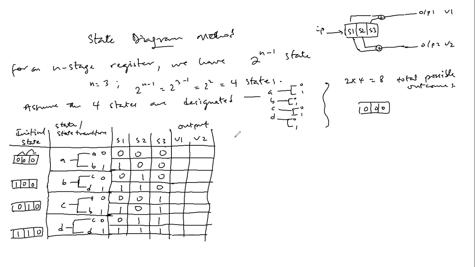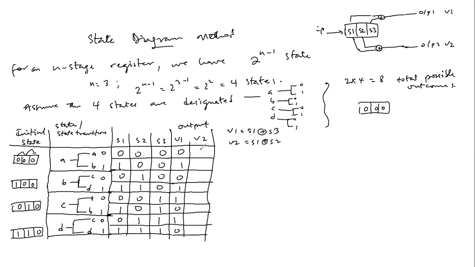And once again, recall that V1 is x1 plus x3, V2 is S1 plus S2. So once we do that, x1 plus S3: 0, this plus this is 1, this plus this is 0, this plus this is 1, this plus this is 1, this plus this is 0, and this plus this is 1, this plus this is 0.